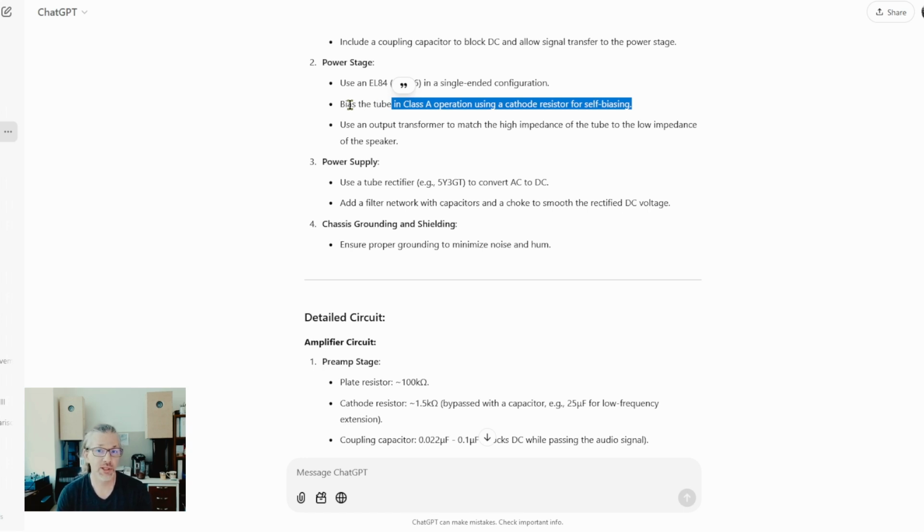But the other alternative is a fixed bias, but that would add, I would say, significantly to a minimal complexity tube amplifier. And also my addition, to those of you who are interested in designing your own amplifiers, cathode resistor, I think it sounds a lot better than fixed bias.